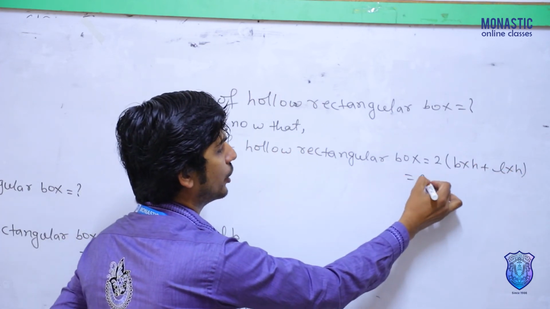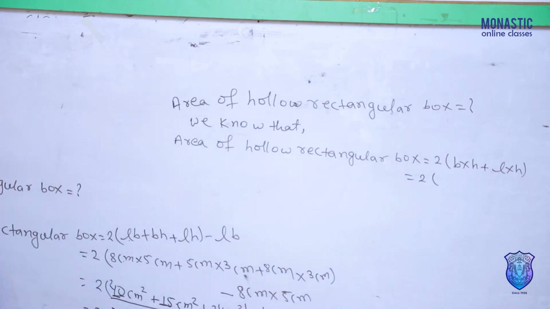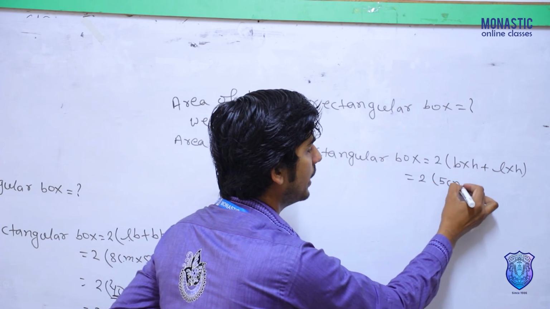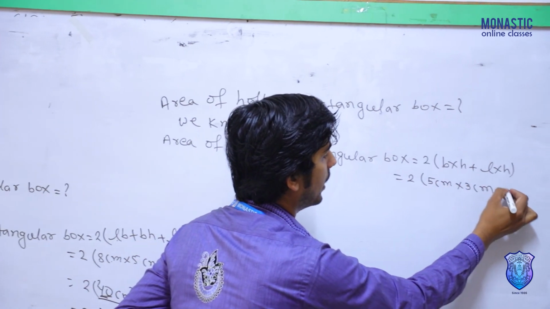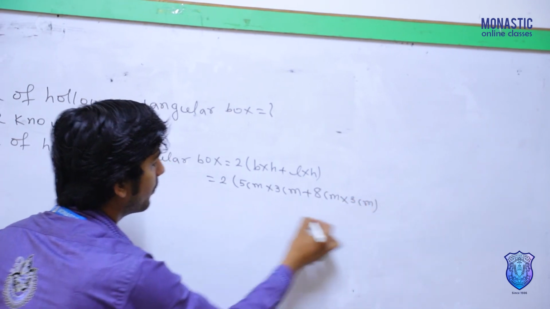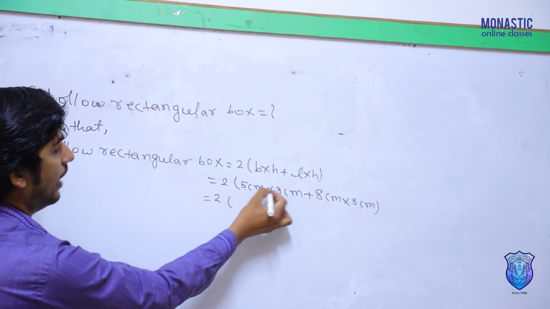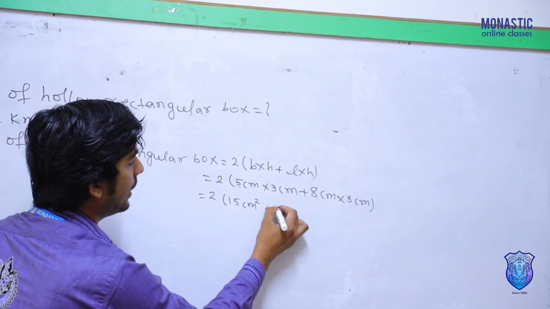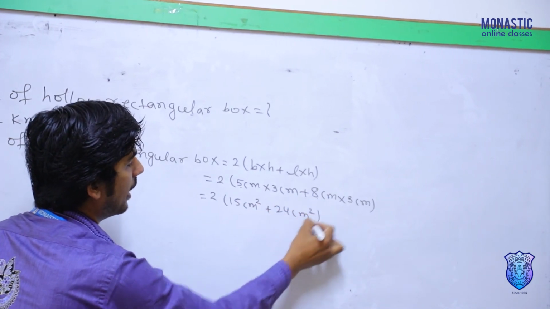So take here 2. Breadth, the breadth how much? 5 cm into 3 cm plus length 8 cm, height is 3 cm. So how much coming? See, 5 3s are 15, 8 3s are 24. So how much coming?